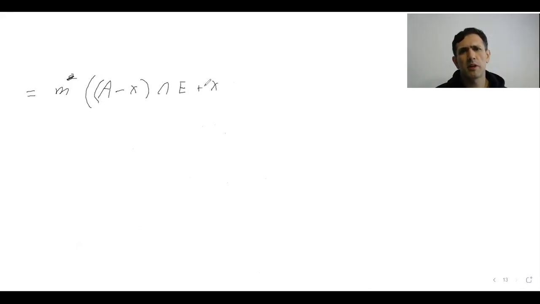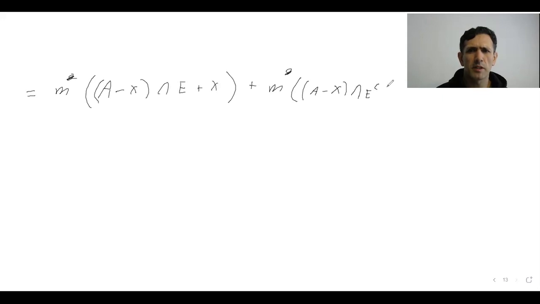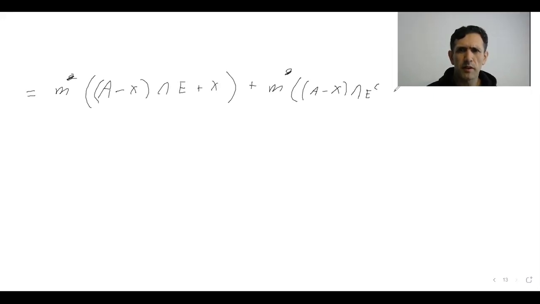I probably should put another bracket here, but what I mean is really this whole thing here plus x. And do the same thing with A minus x intersect E complement, whole thing plus x. So maybe I'll do one more bracket here in blue.